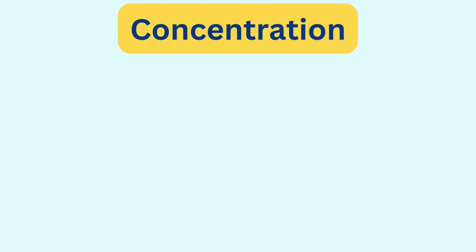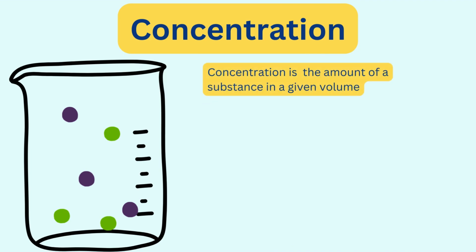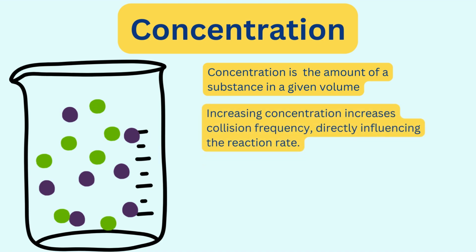Increasing a reactant solution's concentration can expedite the reaction process. Concentration, which is essentially the amount of reactant in a given volume, plays a crucial role. When you augment concentration, you're basically cramming more reactants into the reaction space. This straightforward adjustment increases collision frequency, directly influencing the reaction rate.